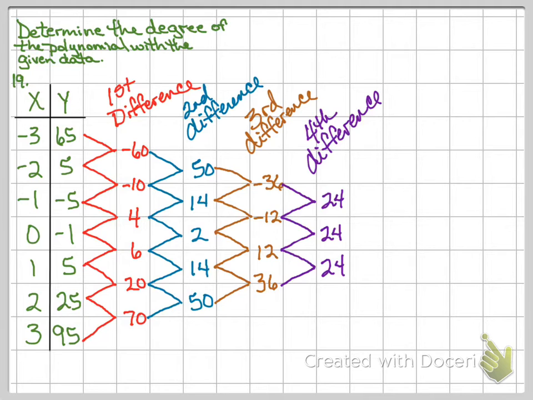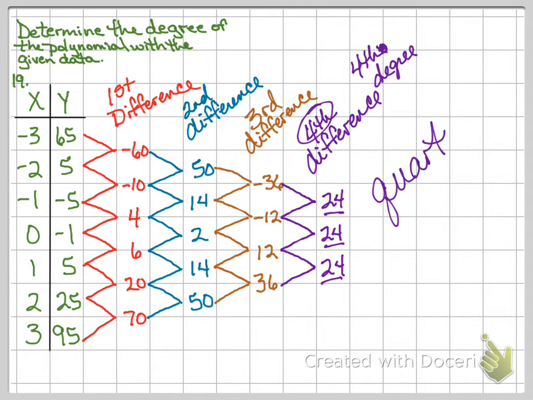Okay, now I finally have all my numbers the same number. My difference is 24 now, and this is in my fourth difference, so this is my fourth degree. My fourth degree means this is a quartic polynomial.